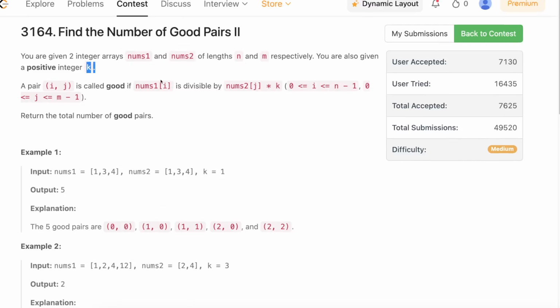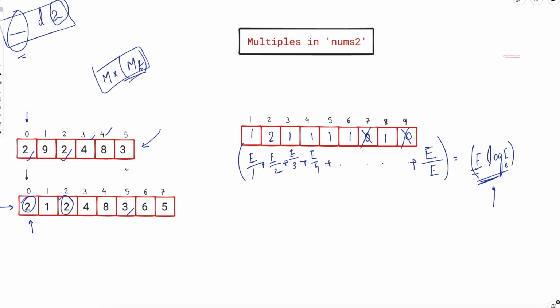So till now we have been avoiding k altogether, but the problem talks about k as well, right? So how to incorporate k? One of the simple ways to incorporate k would be to just divide everything by k. In this particular approach, you are iterating over all the elements and then figuring out how many counts are present.